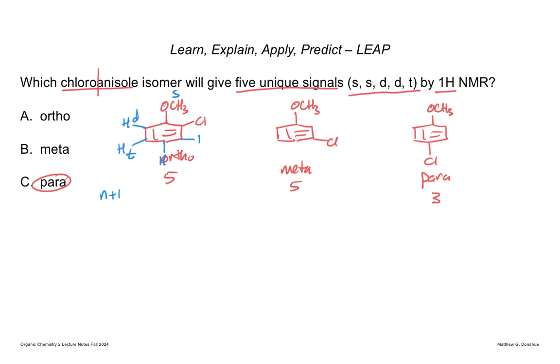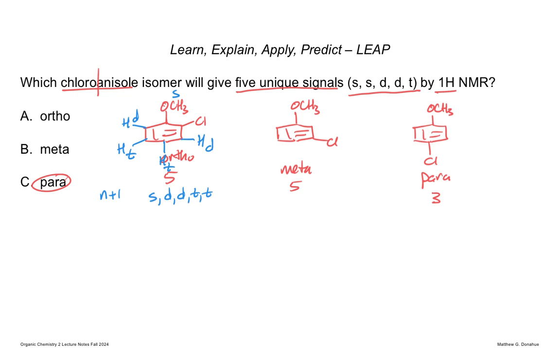The next one has 2 neighbors, that's going to be a triplet. The last one only has 1 neighbor, so that's going to be a doublet. So we need a singlet. We have a singlet, a doublet, a triplet, and a triplet.